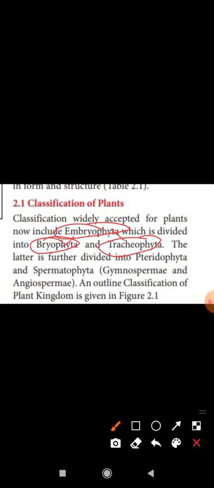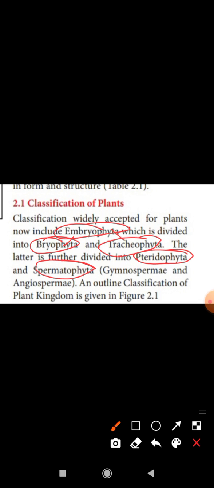What is meant by bryophytes? They live both on land and water because of dual adaptation. Then tracheophyta. They have tracheid vessels for conducting water. So these also belong to the division tracheophyta, later further divided into pteridophyta and spermatophyta.